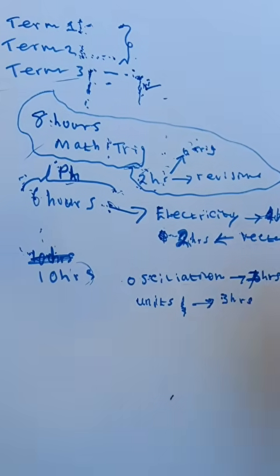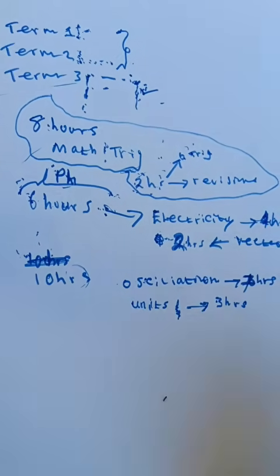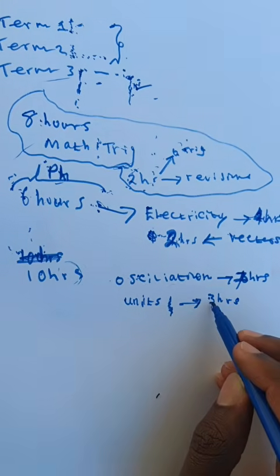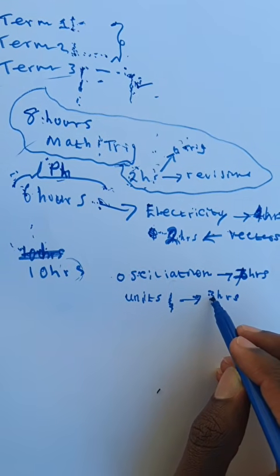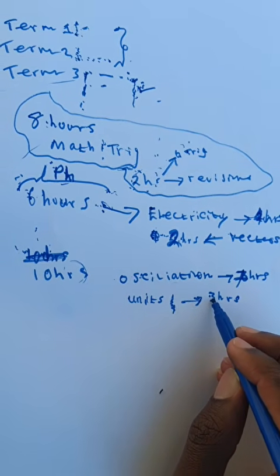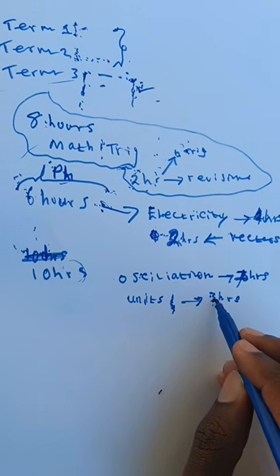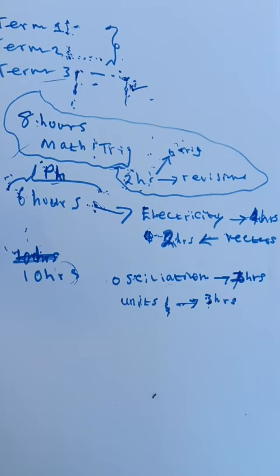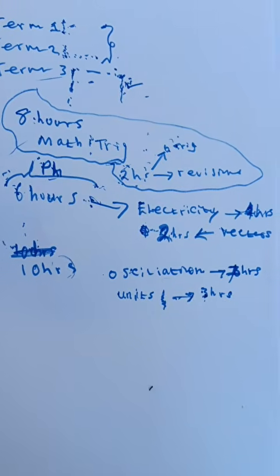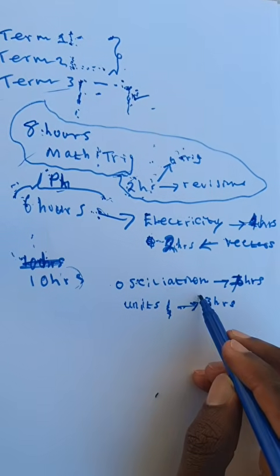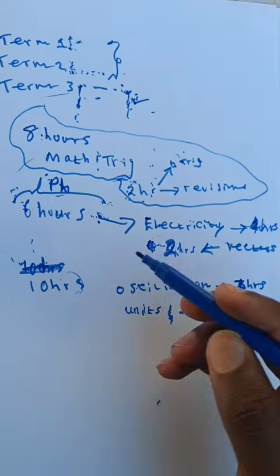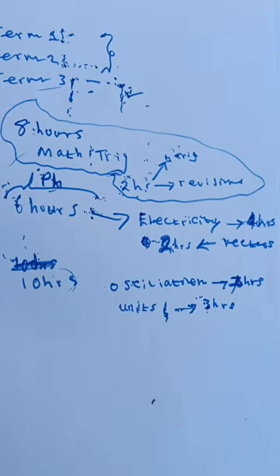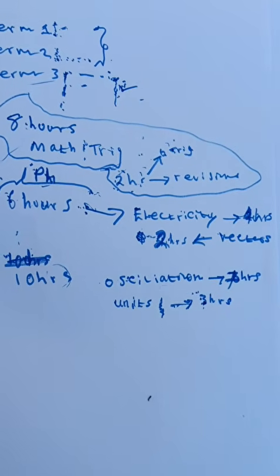Now I'm not saying this should be fixed. If you are very sharp, in this same 3 hours you can even revise 2 topics, if they are not that complex. Maybe you go through a little bit of circular motion, gravitational. But my point is to allocate more hours to term 3 theory because it needs a lot of time and attention.